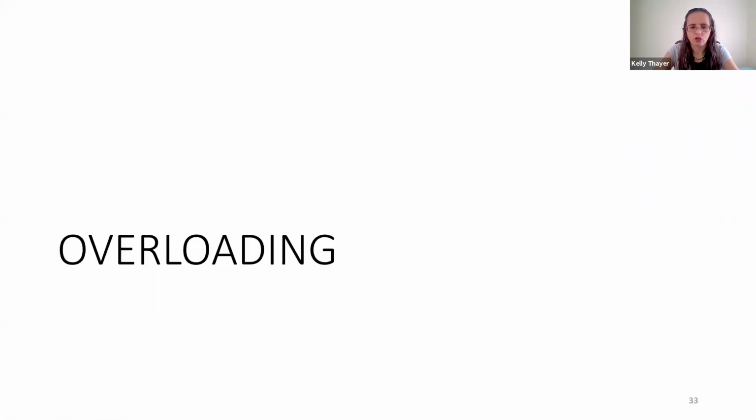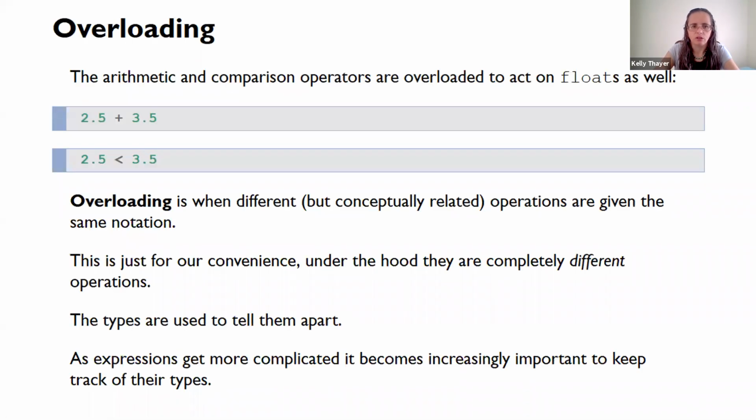So this brings us to overloading, and this is what I have been alluding to when we've been saying that there are different actual pieces of code inside Python that will evaluate things when we have different types for the input. The arithmetic and comparison operators are overloaded to act on floats.